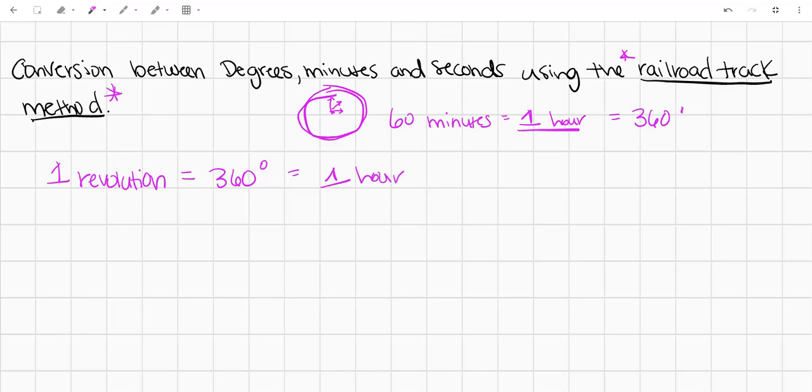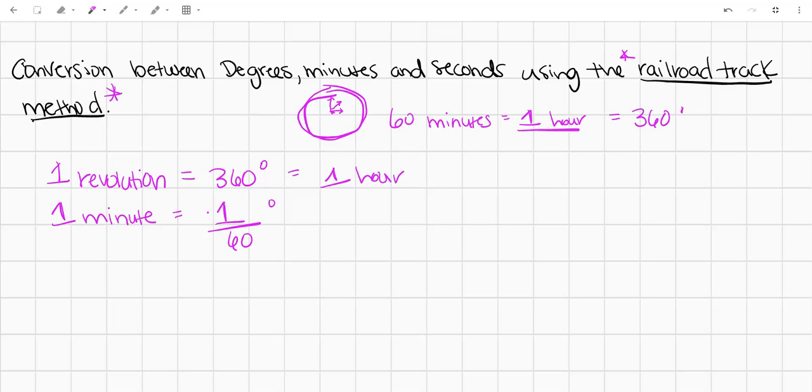Okay. So with that in mind, we can write that 1 minute is equal to 1/60th of a degree. Okay, because there's 60 minutes in 1 hour, or one revolution.